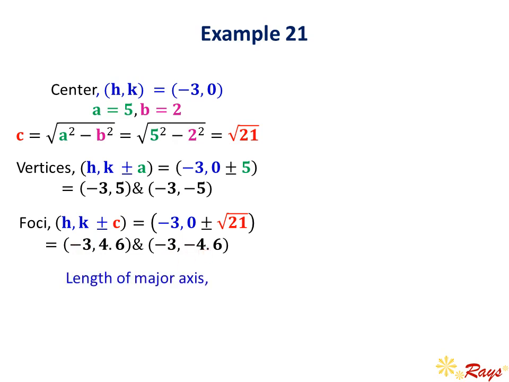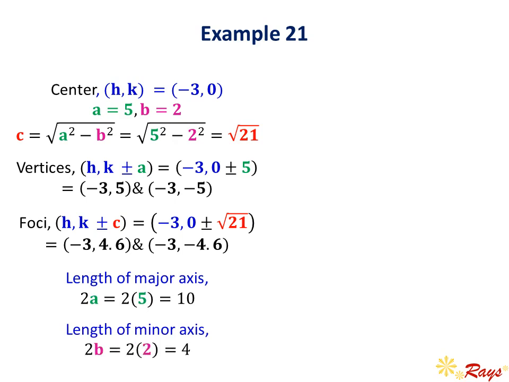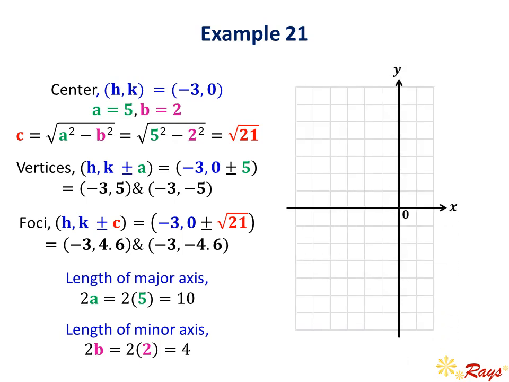So length of major axis, formula is 2a, therefore it is equals to 10. And length of minor axis is 2b, therefore it is equals to 4. So now we can sketch our graph. We can start by marking our center, which is at -3, 0, followed by our vertices.